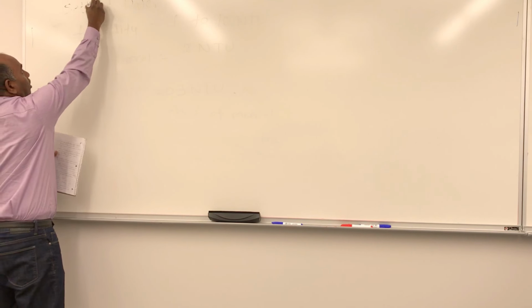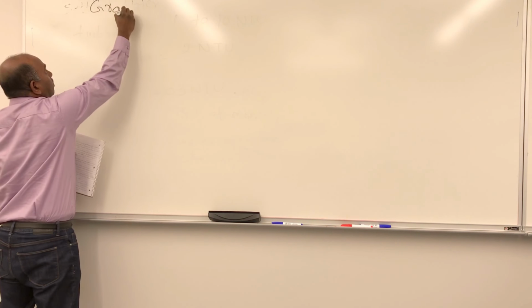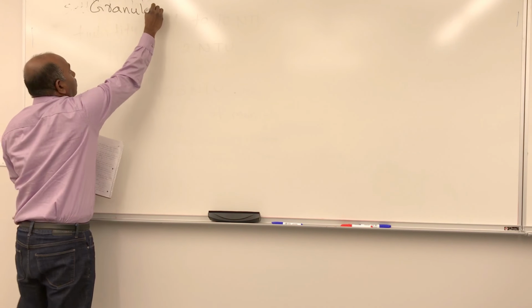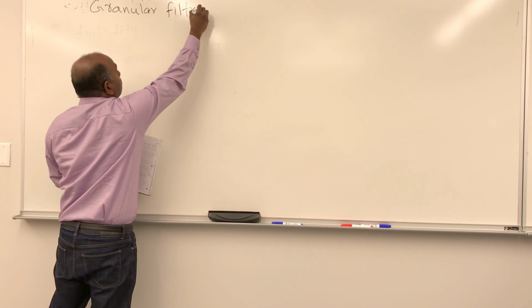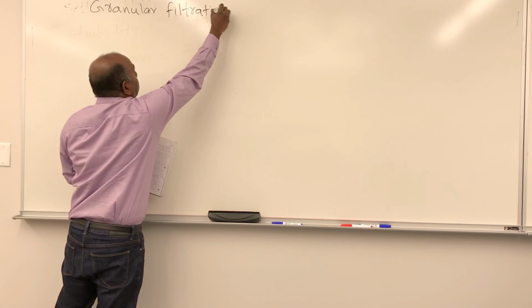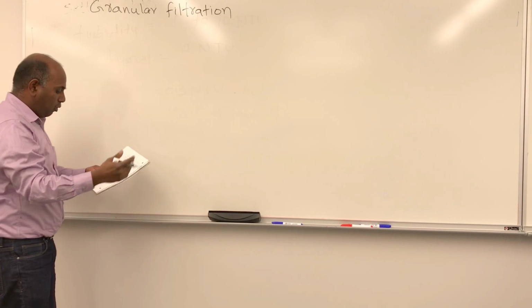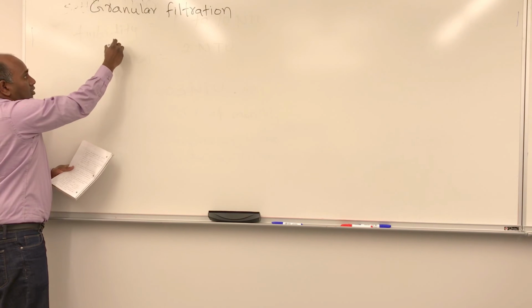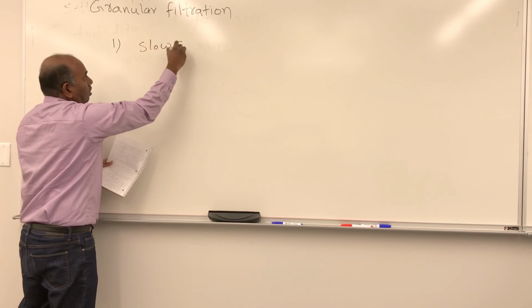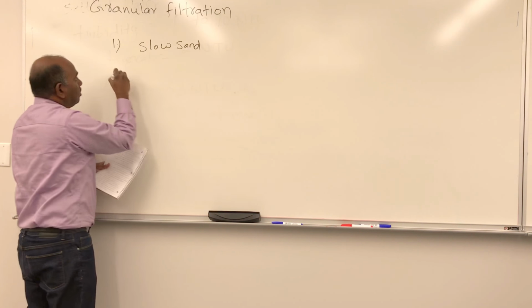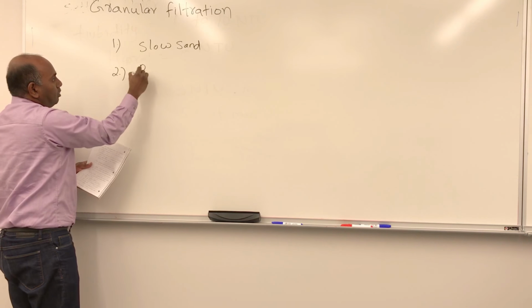So granular filtration. Now within granular filtration we have a few different types. First one, a slow sand filter. Second one, a rapid sand filter.